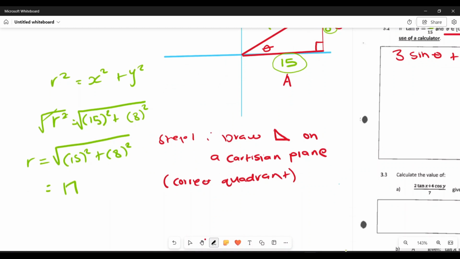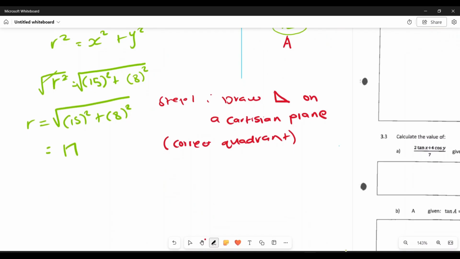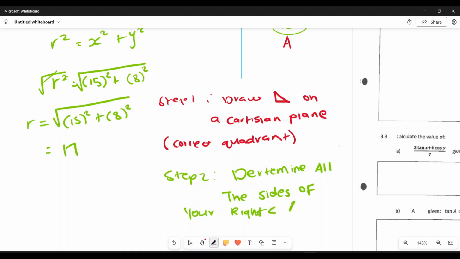Now, after you've drawn your right angle triangle on your Cartesian plane, step 2, which is what we did now, determine or calculate all the sides of your right angle triangle. And remember, if you are given 2 sides in a right angle triangle and you are required to determine the other side, you're always going to make use of your theorem of Pythagoras, right?